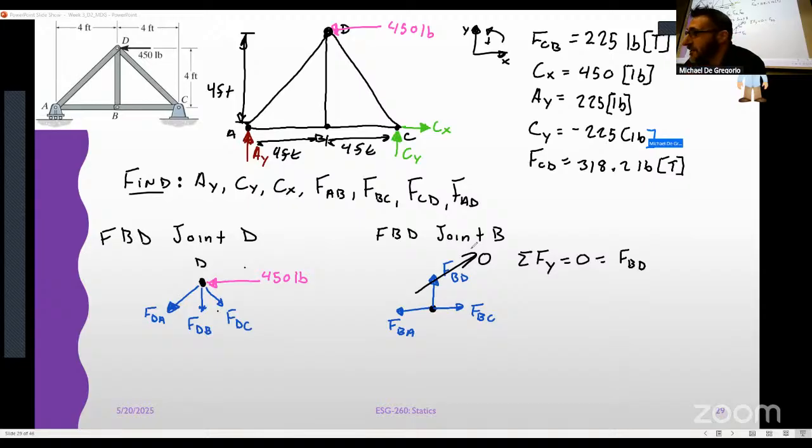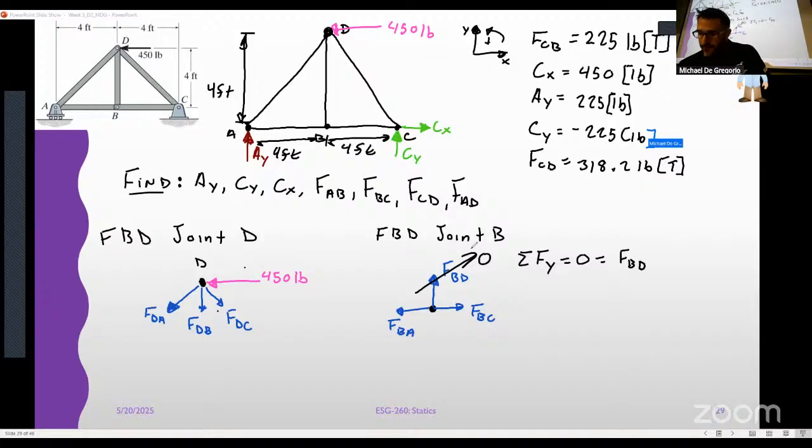This is the idea of a zero force member, and we'll talk about it in a second, right? But that's really helpful, because if you were to inspect this and say, I know that that's a zero force member, then you can just go right to D and figure those two things out. And then you only really need to do two of the links, right?